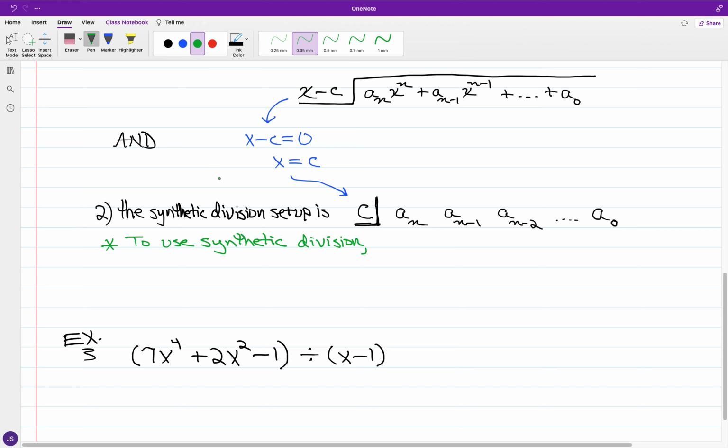To use synthetic division, the divisor must be in the form of x minus c, where x is a first degree.